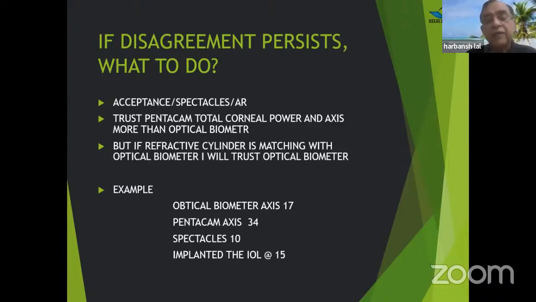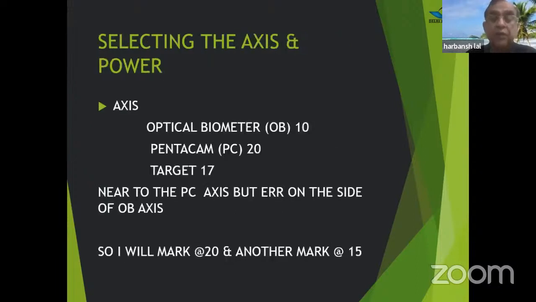So in spite of the fact that I trust Pentacam more, if there is agreement between two instruments, we should trust that model. That may be auto-K or manual keratometer or whatever the system. And again, when we are selecting the axis and power, if the optical biometer is giving 10 and Pentacam is giving 20, I trust Pentacam more, but I will err on the side of the optical biometer.